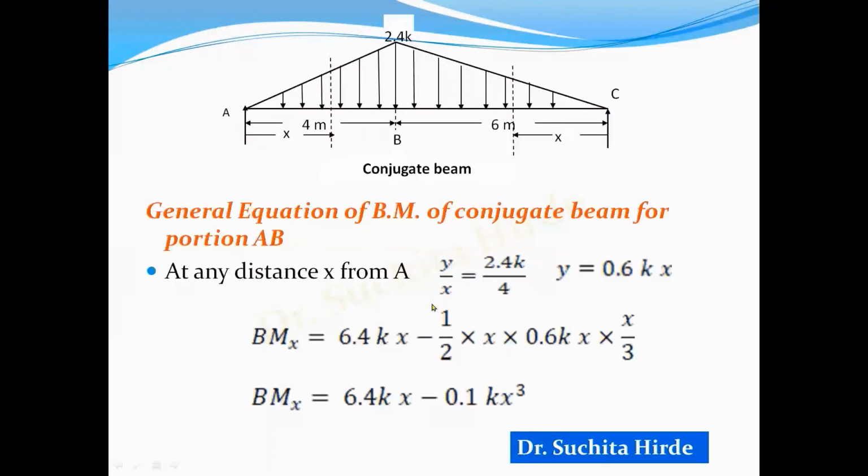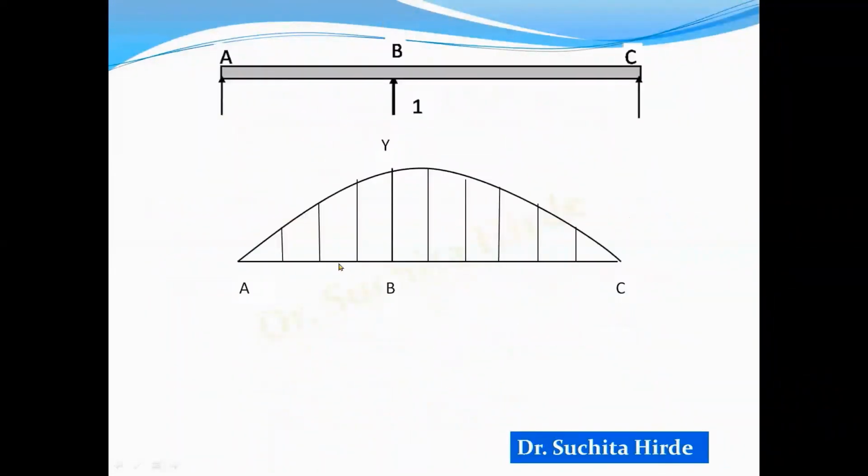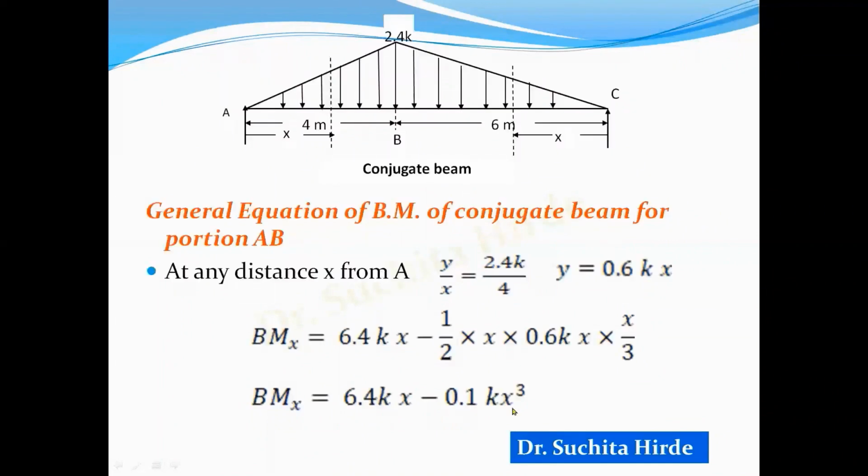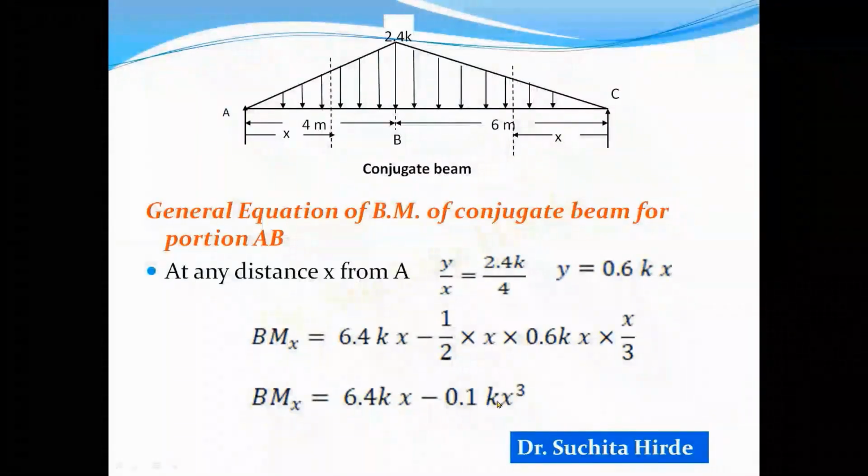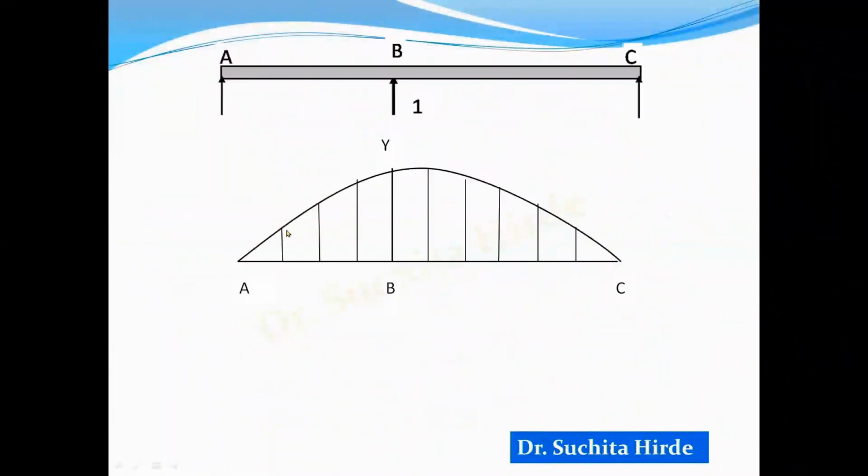So what we did now, we have just written the equation of bending moment for AB. What is the use of this equation? Just now I told you that you have to substitute the value of x. You will get these ordinates. If you substitute here 1 meter, 2 meter, 3 meter, etc., you will get these ordinates and you will also get this ordinate.